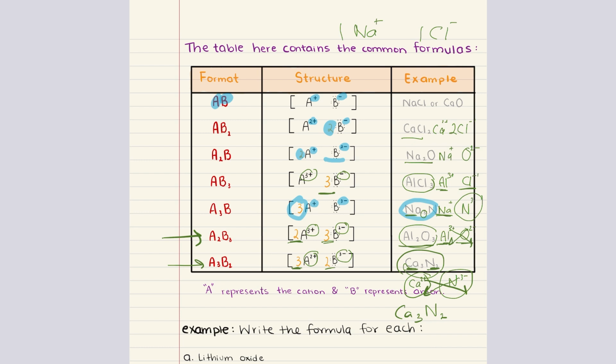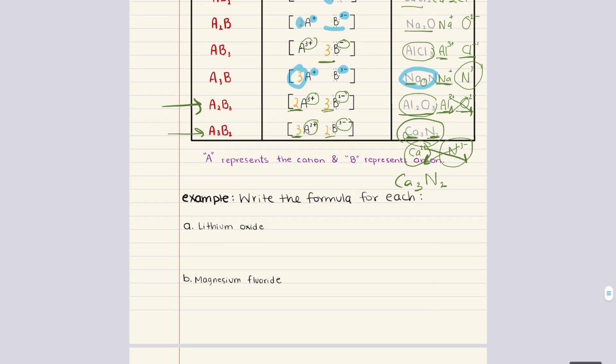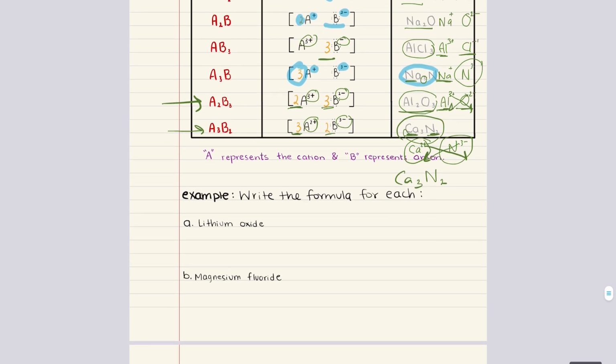Now let's apply this concept with a few examples, and let's write the correct formulas for lithium oxide and for magnesium fluoride. For lithium oxide, lithium forms a +1 cation, and oxygen forms a 2- anion.